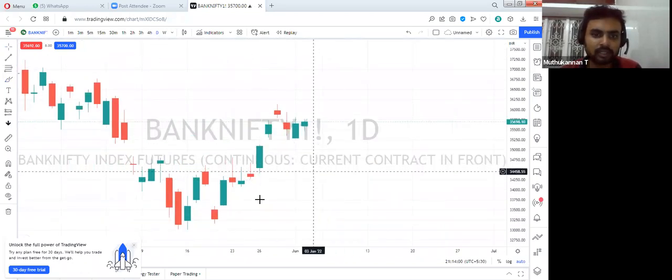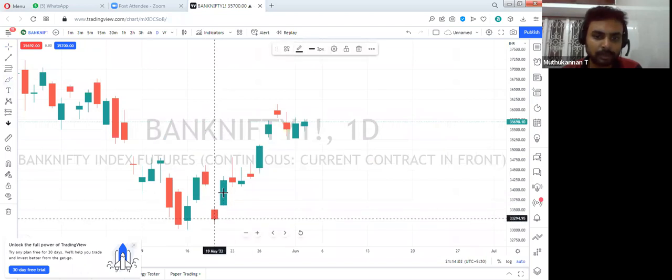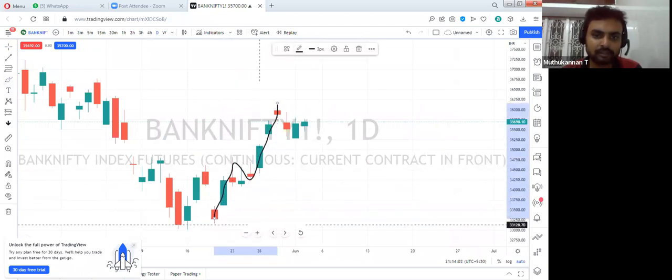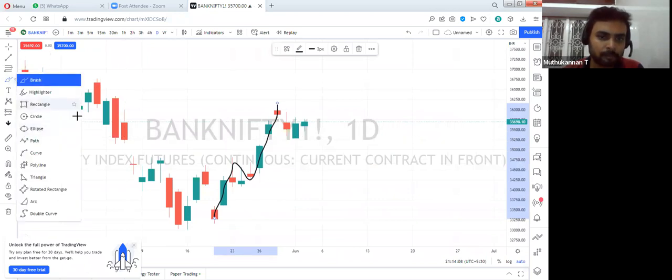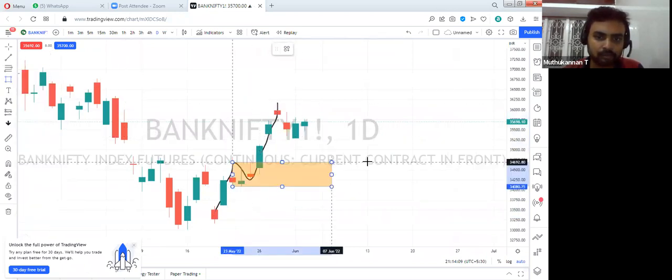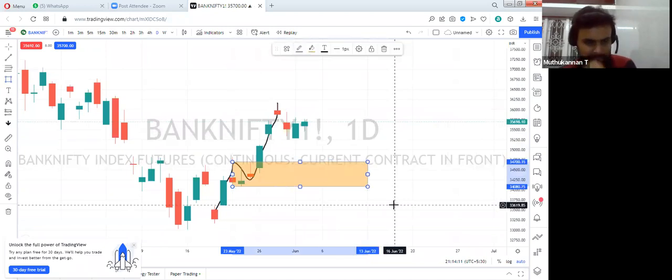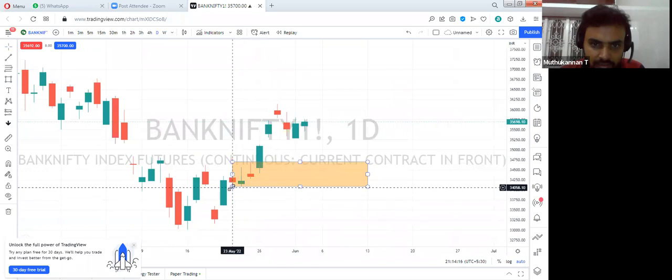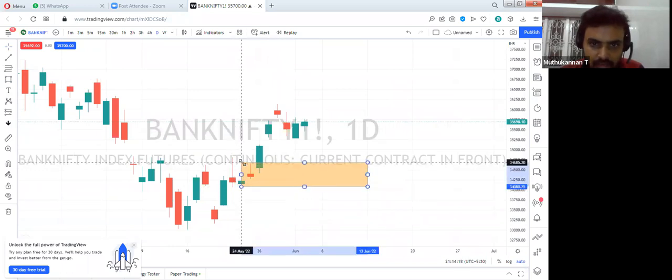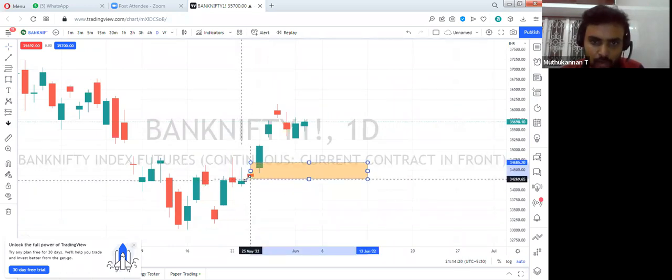Now tell me which one is my rally, base, rally, right? This is my demand zone, correct? Now I know that this is my demand zone, or I can say that this is my last bearish candle before the strong up movement.